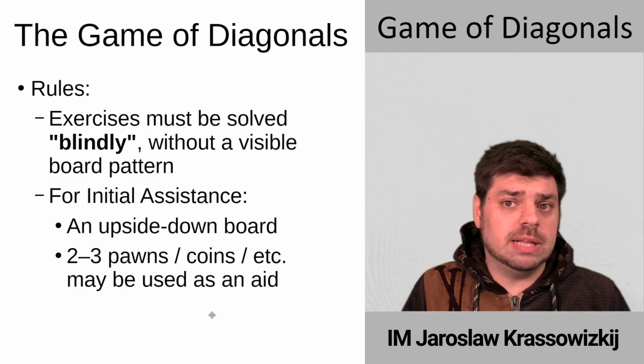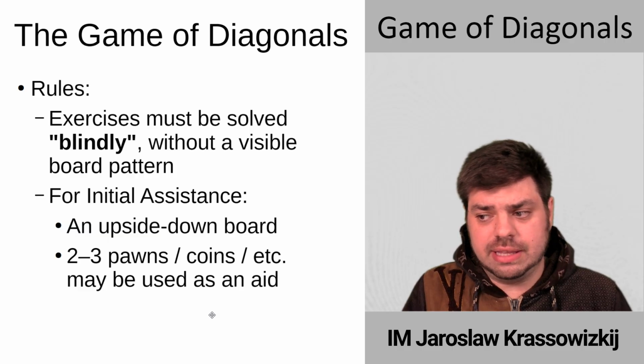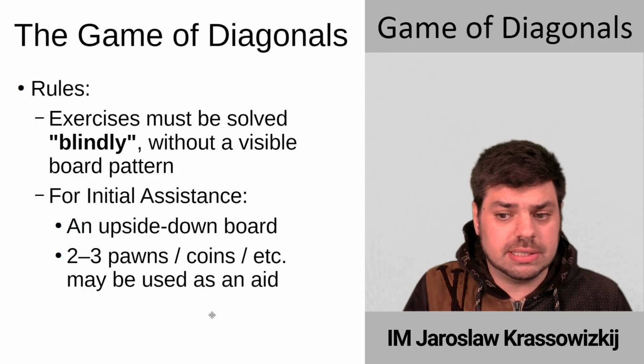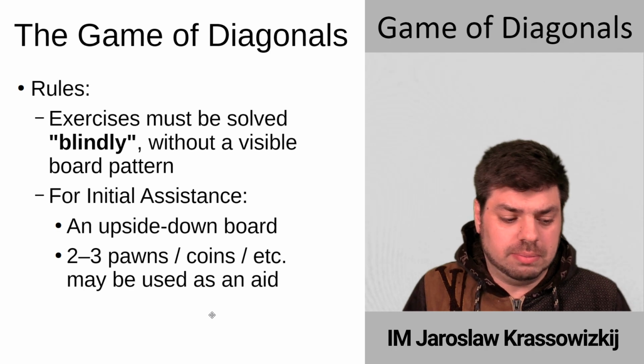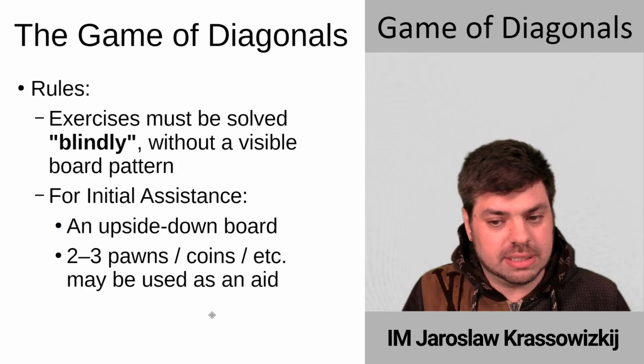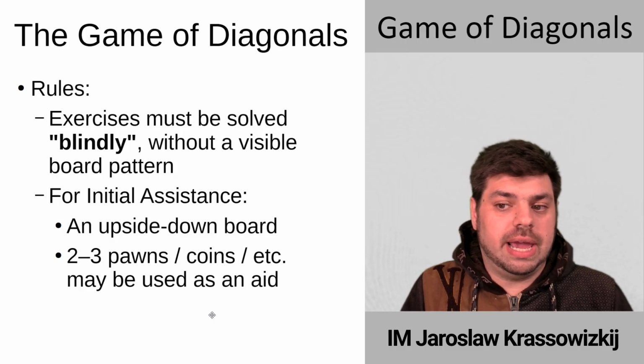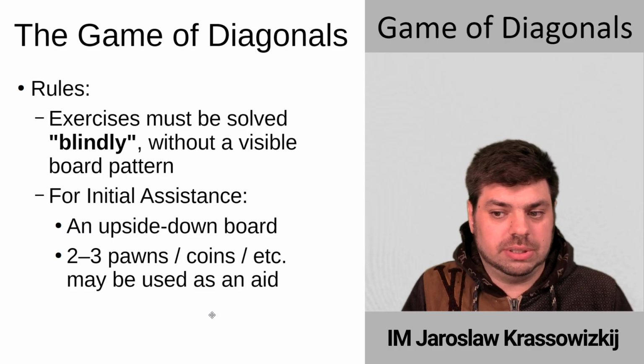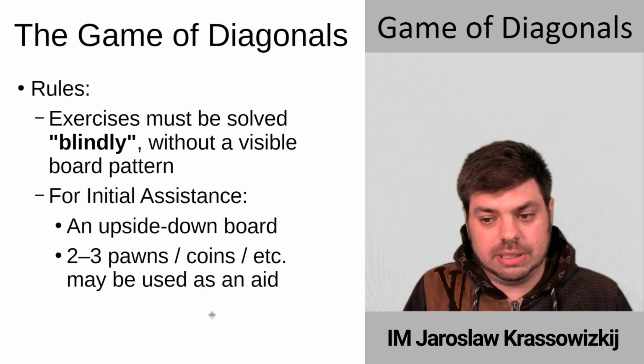And if it helps you, you can start with additional pawns, pieces, coins that mark, so to speak, the squares that you are going through. And the less help you take for it, the better.